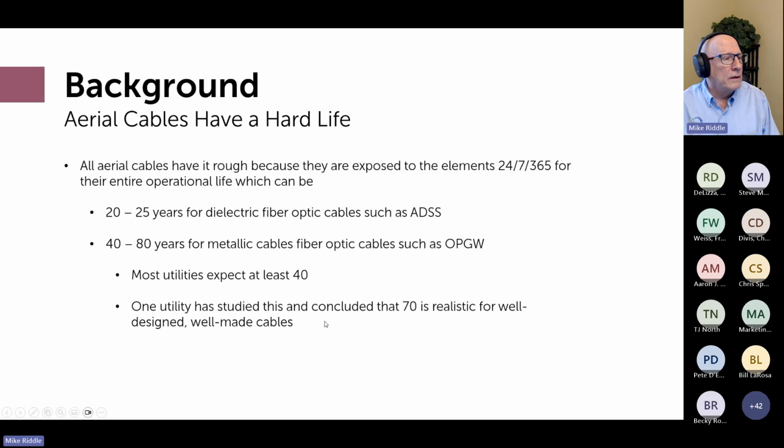Of course, the cable has to be well designed and well made. And that's why this whole topic is important, because loose tube design details are critical for getting optical lifespan such as 20 or 40 or 70 years.